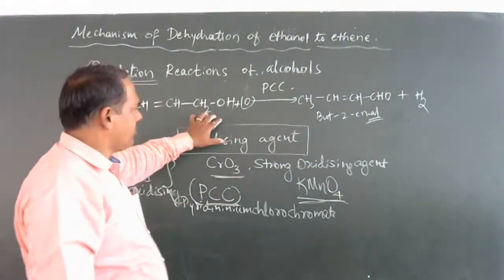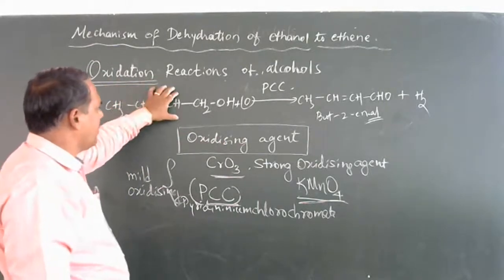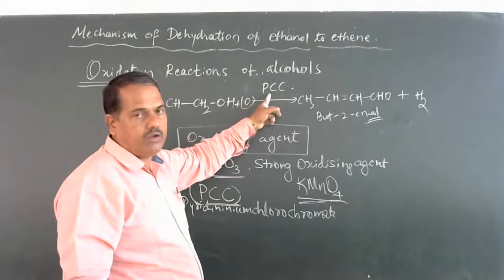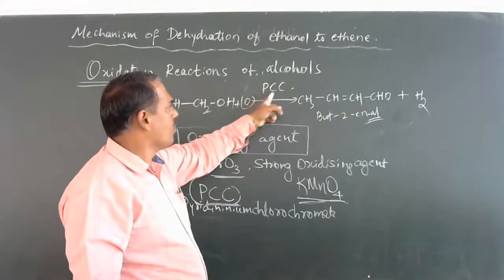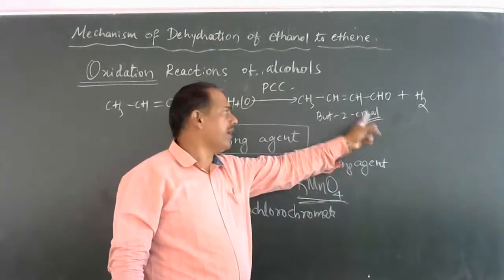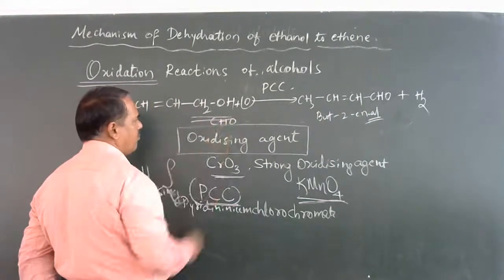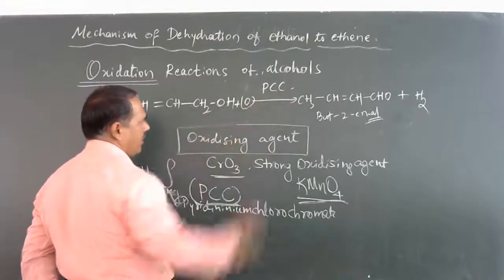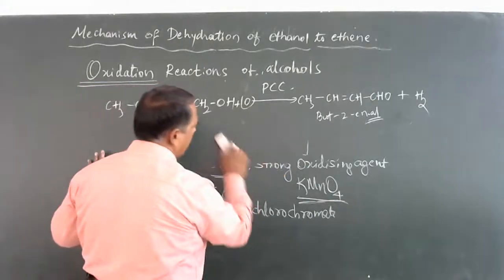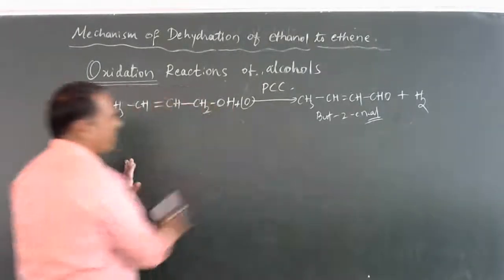According to your syllabus, you have to study this. CH3CH2CH2OH, on oxidation in the presence of pyridinium chlorochromate, gives butanal, an aldehyde. The CH2OH group is converted into CHO by the removal of hydrogen gas. Therefore, it is called dehydrogenation, and the reaction is called an oxidation reaction. I think you are clear. Okay?